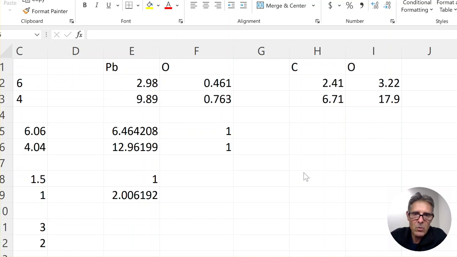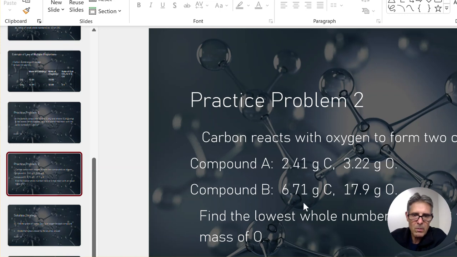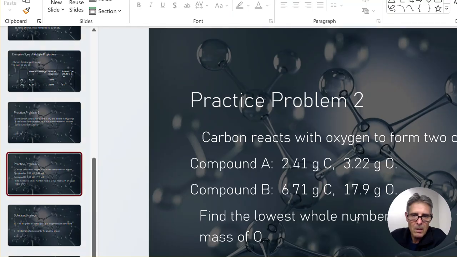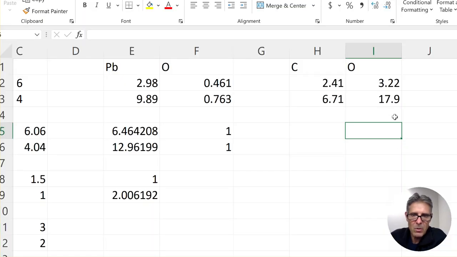Let's go back and make sure that I copied that correctly. 2.41, 6.71. Is that right? 2.41, 6.71, yep. And 3.22 and 17.9. 3.22, okay, so I got my numbers right.